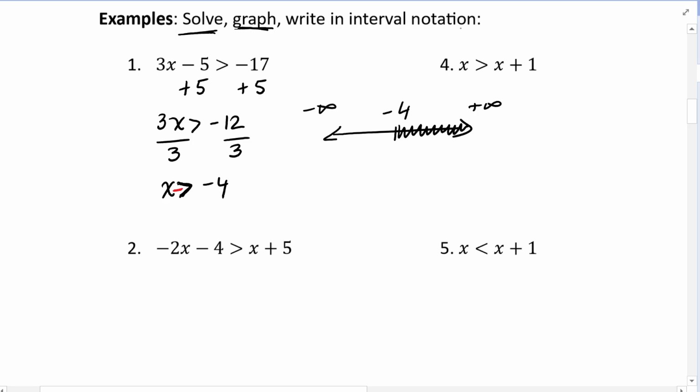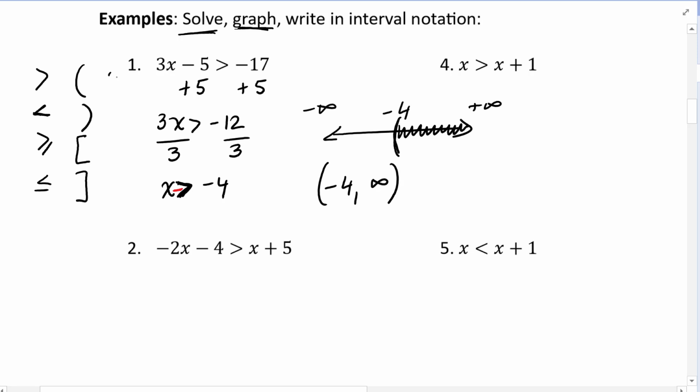And now write in interval notation. Because the symbol is strictly greater than, that means we will put parentheses. So the interval is negative 4 to infinity, parentheses on both sides. At infinity we always put parentheses, but in this case we put parentheses because a symbol like this means parentheses, greater than or equal to means bracket, less than or equal to means bracket.